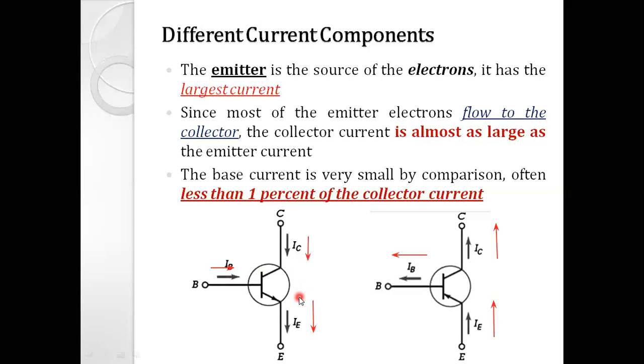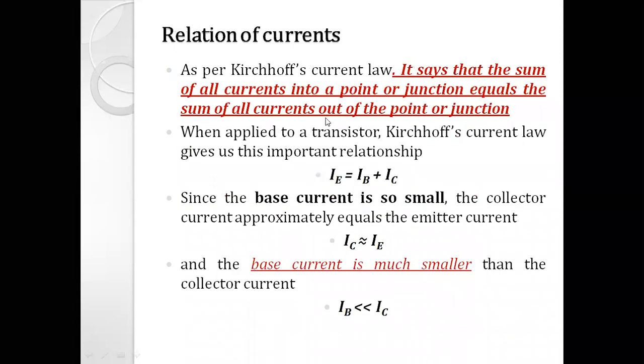Sometimes we may take into consideration that the collector current is approximately the same as the emitter current. That you will see in the subsequent theory in subsequent slides, right? So, relation of the currents. What is the relation among these three currents?